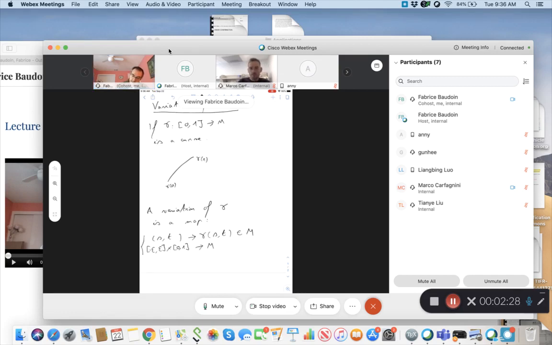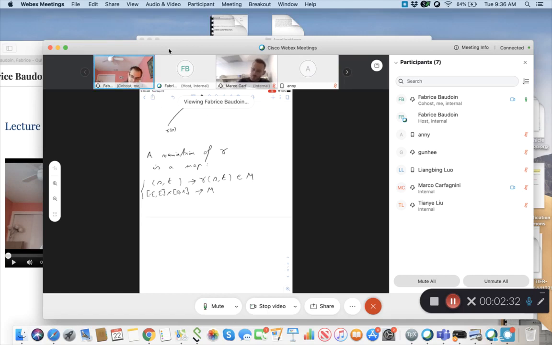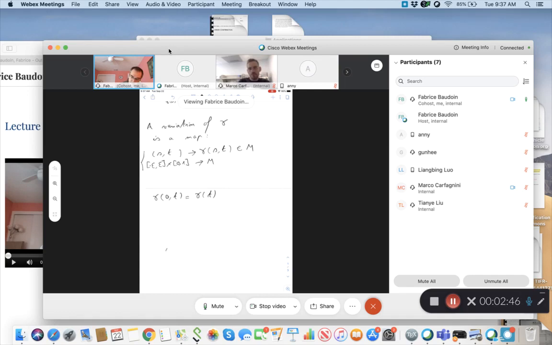Okay, and we say that this variation of gamma interpolates gamma in the sense that gamma of 0,t is equal simply to gamma of t. So when we speak of a variation of a curve, you should have in mind something like this: I have a curve gamma on the manifold, and I will consider a tube of curves around gamma.